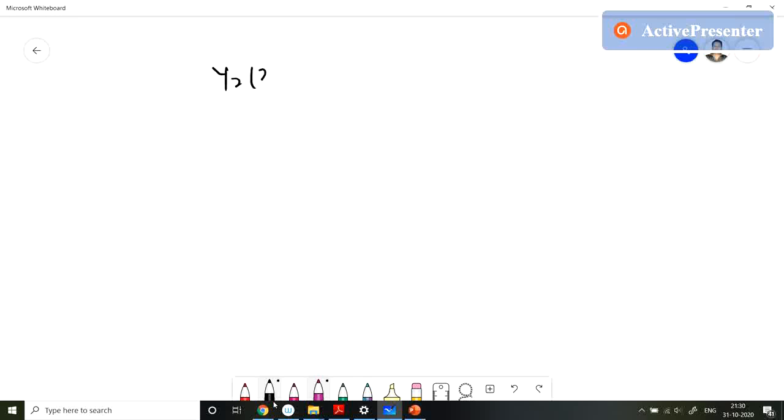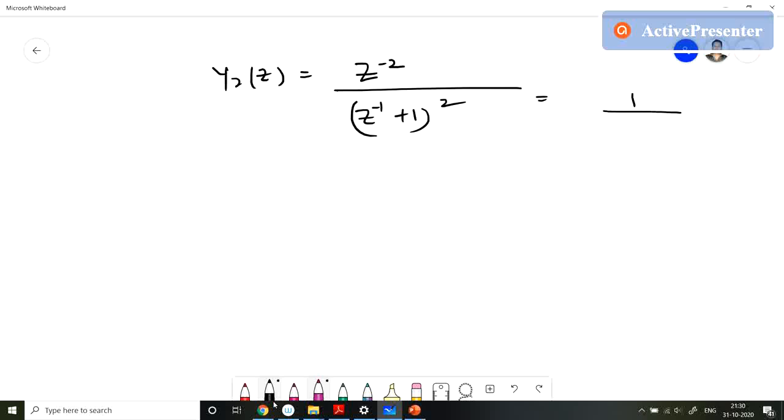So Y2(z) is equal to z raised to the power minus 2 divided by (z raised to the power minus 1 plus 1) whole square. Now we can further write it as 1 divided by (z plus 1) whole square. This is Y2(z).